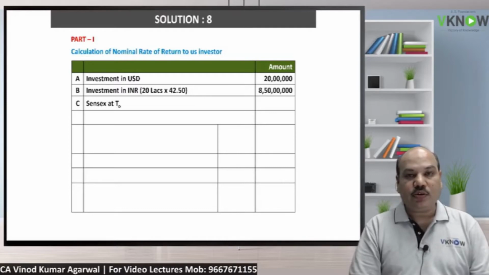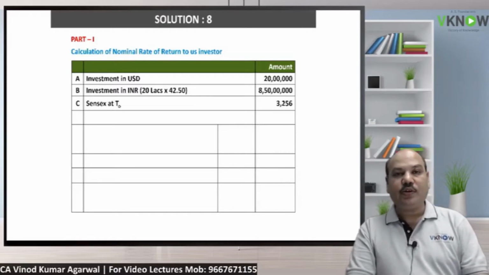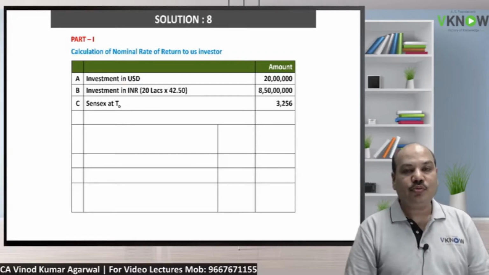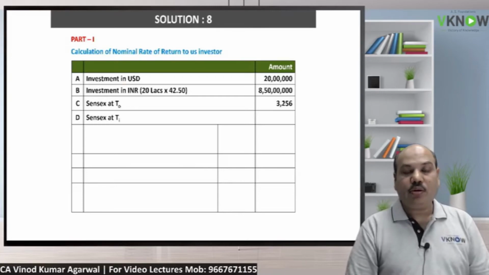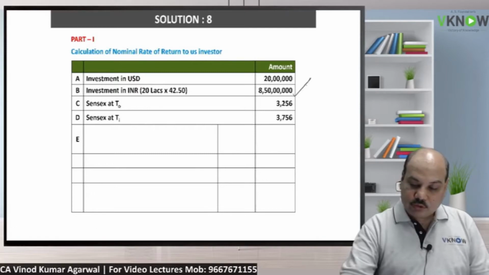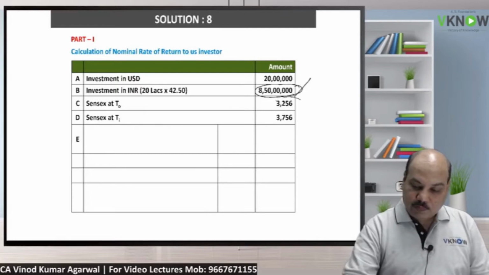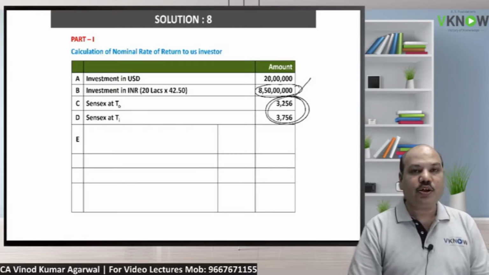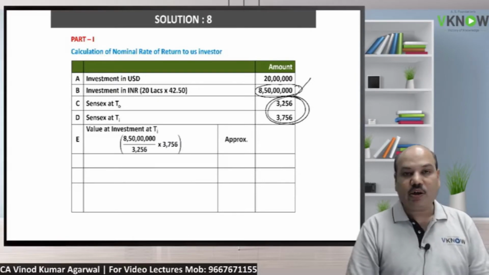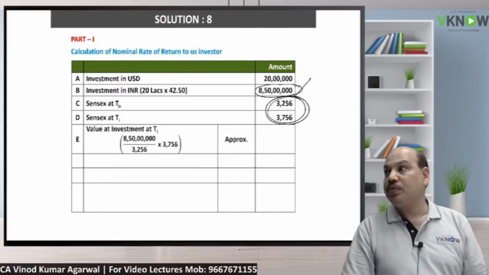When the amount was invested, Sensex at T0, time 0, was 3256, and after 1 year Sensex at T1 is 3756. So what we'll assume, this amount will appreciate proportionately. The way Sensex has appreciated, the investment will also appreciate proportionately.